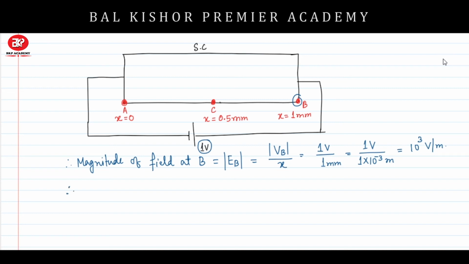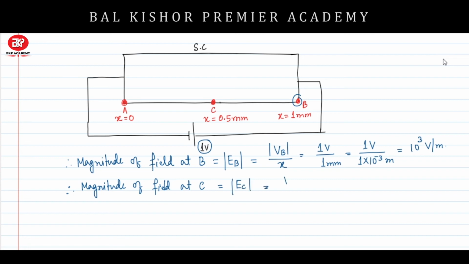Similarly, if I want to find the magnitude of the electric field at C point, I can denote it as EC mod.